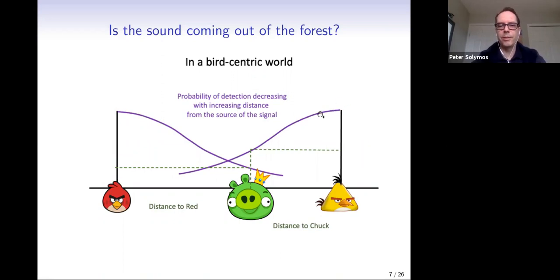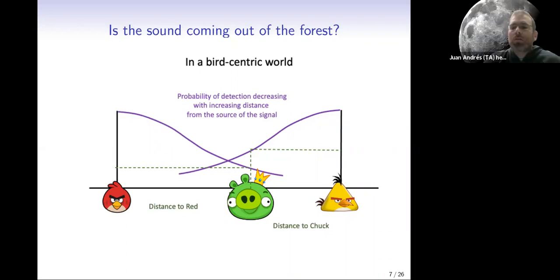But you could quite easily imagine that maybe for Chuck, it is going to go down faster. So eventually they might still get the same detection probability, but the distances might not be the same. That's totally correct. If you're looking at individuals or different species, then this relationship might change. So the shape of the function can also vary as a result of all kinds of factors.